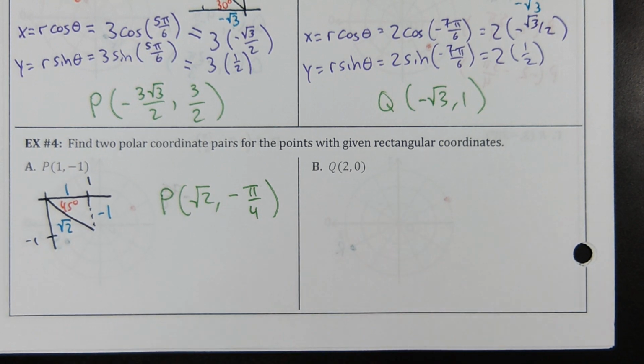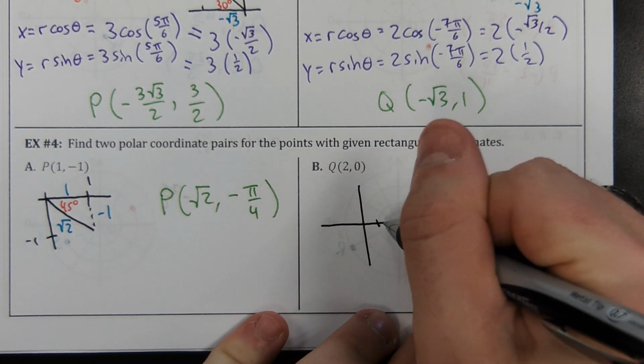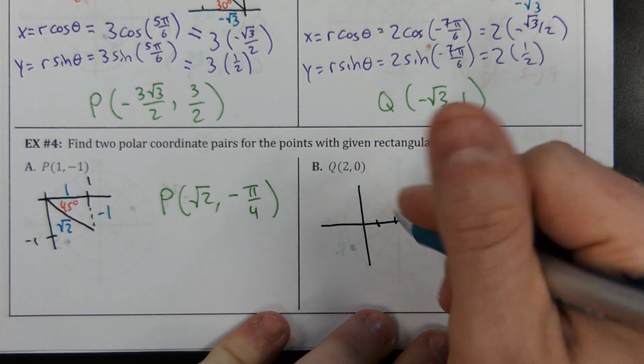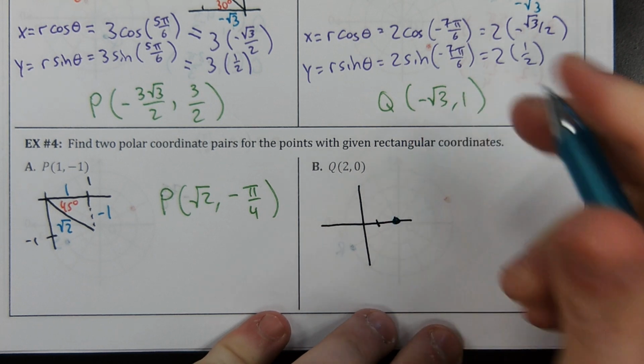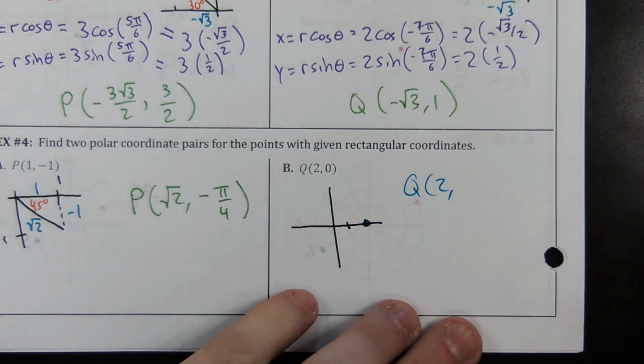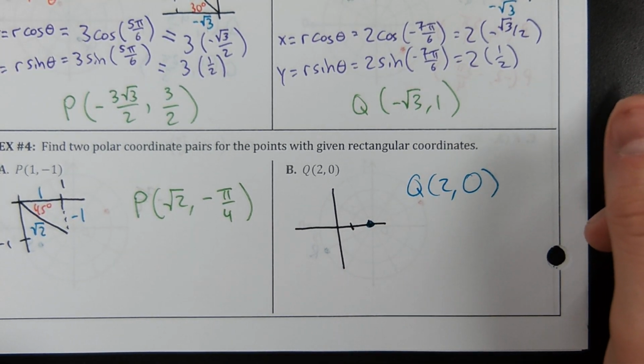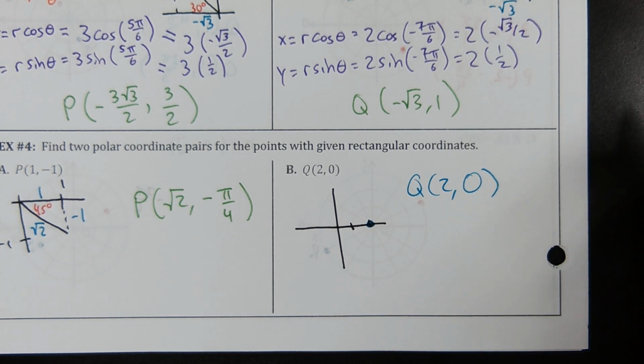All right, this one is actually kind of boring. This is the rectangular coordinate 2, 0. So what's the radius? 2. And what's the angle? 0. This point, any point on the positive x-axis, its coordinates are identical in polar coordinates as they are in rectangular coordinates.